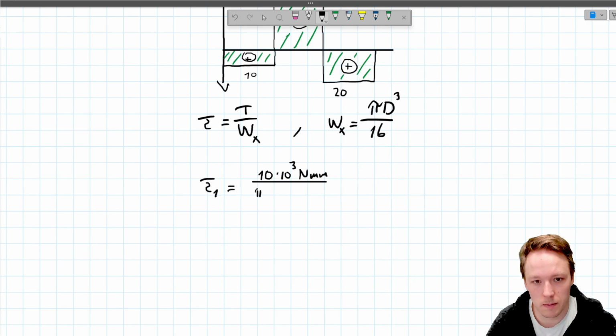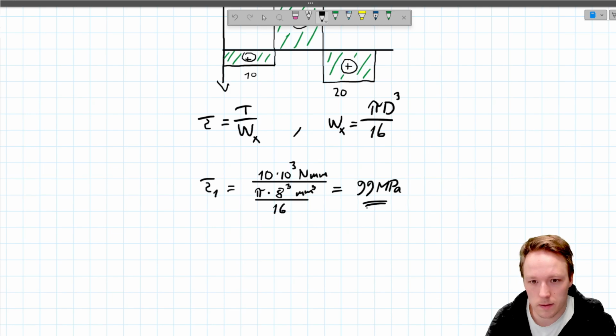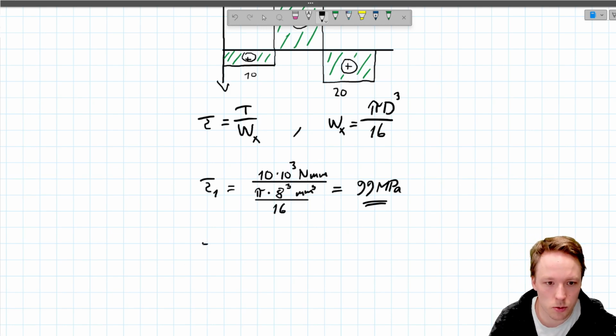It's pi times 8 to the power of 3 millimeters to the power of 3 divided by 16. And this one gives us a value of 99 megapascals.